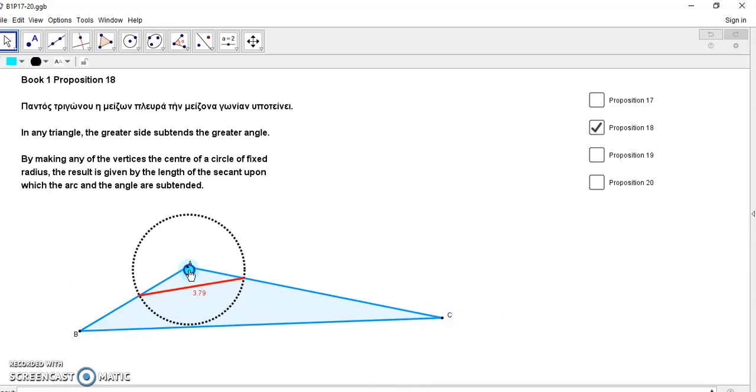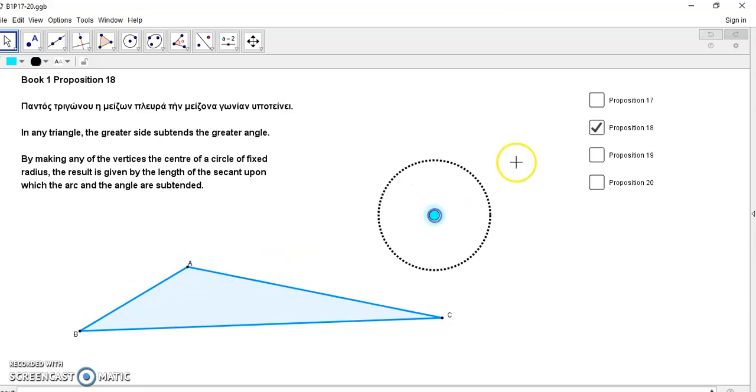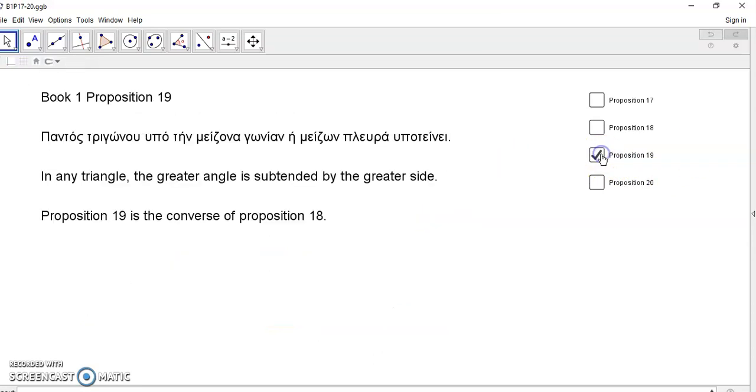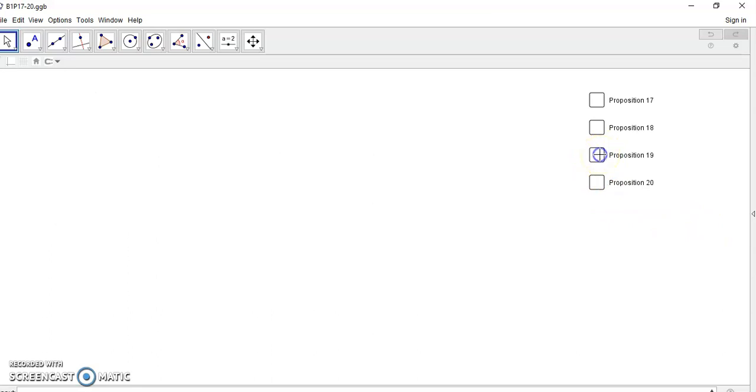So it's pretty obvious that the greater side will subtend the greater angle. And of course proposition 19 is the converse of proposition 18. Nothing to see or do there. It's not very hard to show, again using the same technique.